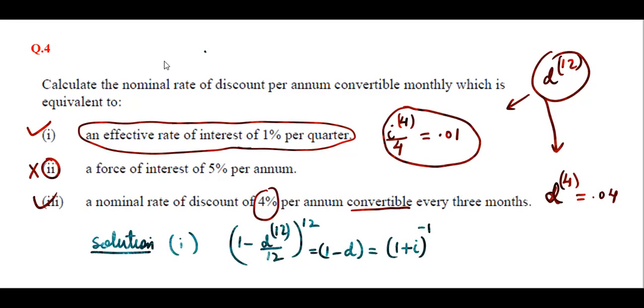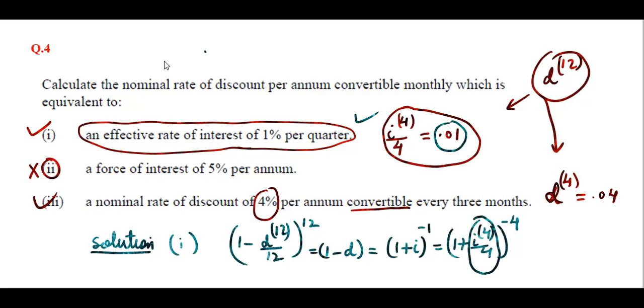That is V. V is 1 upon 1 plus I. And 1 plus I is 1 plus I4 by 4 power 4, power minus 1. That is power minus 4. So now you put this one here in the whole, I4 by 4. Here you put 0.01, not in the numerator, because effective is given per quarter, 0.01.